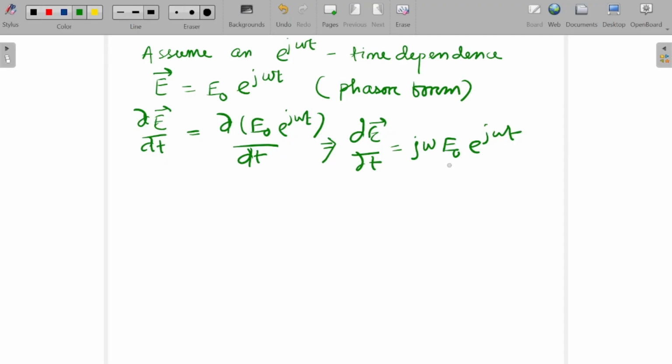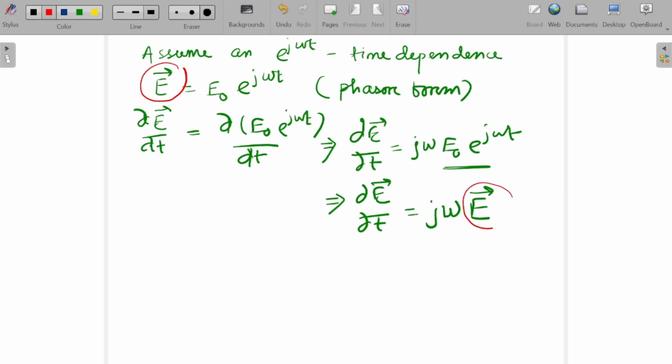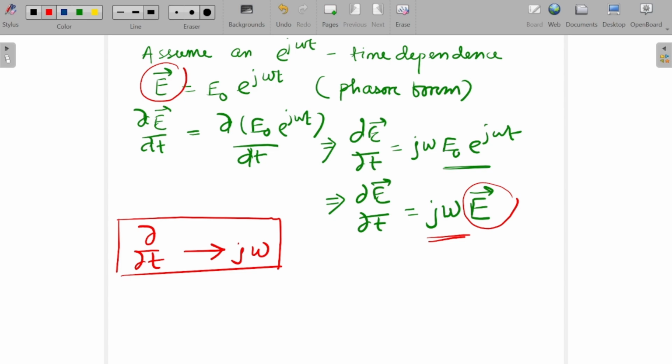So this term we can mark, the same term repeats. That implies dE by dt is equal to j omega times the initial term I have taken, the same one, here along with an additional j omega. So we can relate that d by dt in phasor form, or in the frequency domain, we can write like this, as j omega.